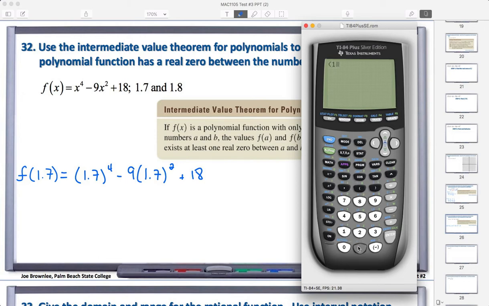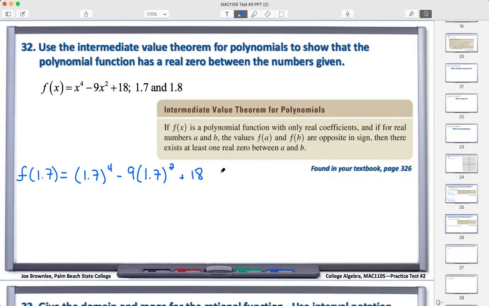So 1.7 to the fourth minus 9 times 1.7 squared plus 18 gives us 0.3421. So a positive number.